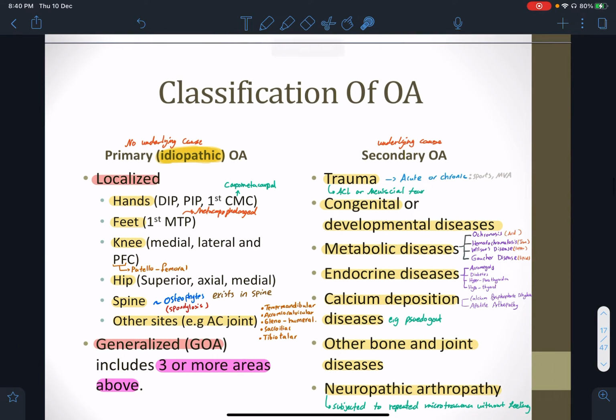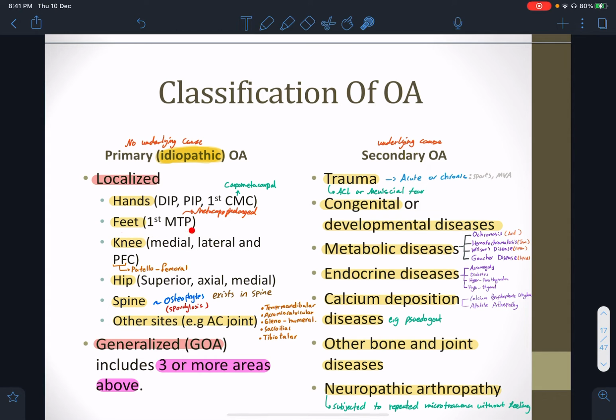So classification of osteoarthritis. It's classified as primary and secondary. Primary if there is no underlying cause for osteoarthritis. If a patient presents with a hand with osteoarthritis, for example, in the distal, we said the distal is Bouchard, no, the distal is Heberden. I'm sorry about that, and the proximal interphalangeal joint is the Bouchard, and the carpometacarpal joint also.